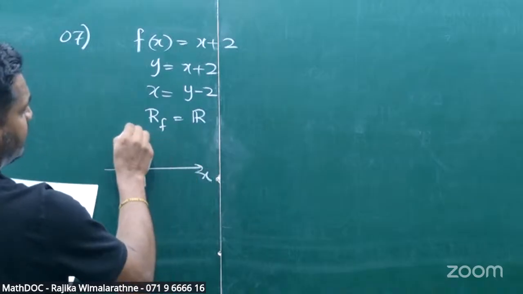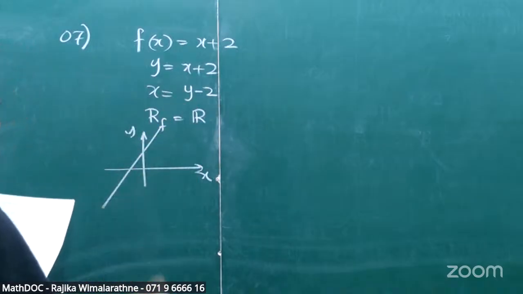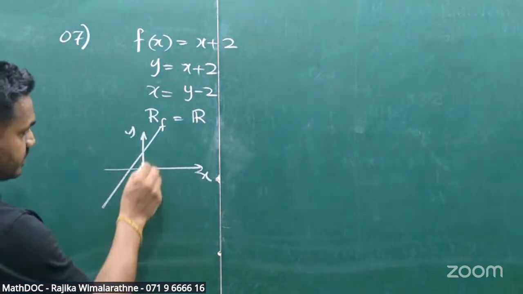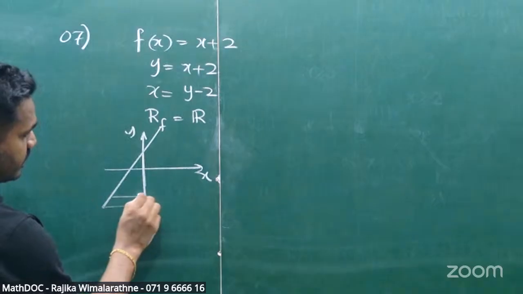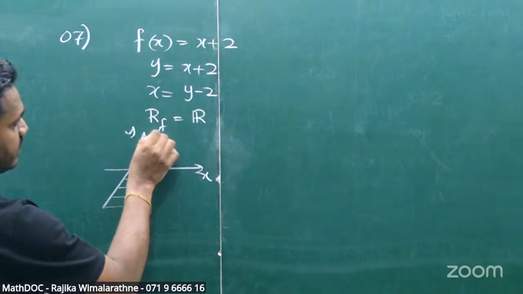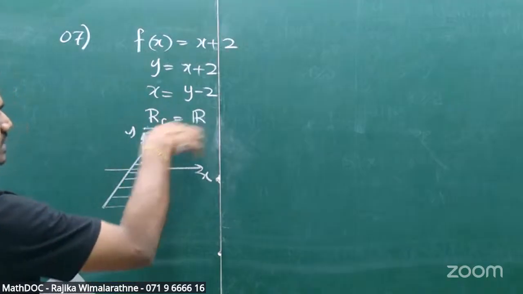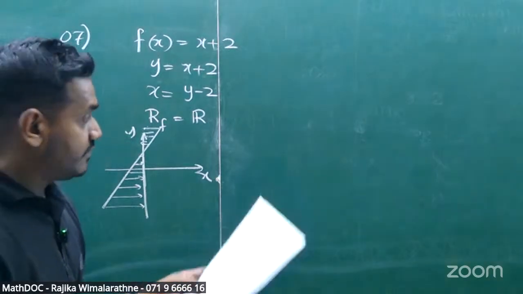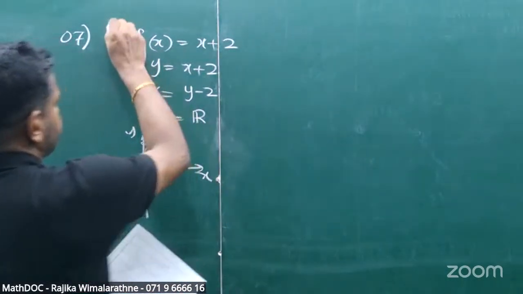Here the x-axis, y-axis, y = x + 2. That's the graph. Then you think about possible y values. All y values are possible without any restriction. Therefore, the range is the real set. Again, by the graph, we can get the range.